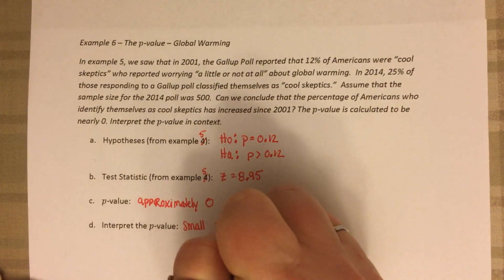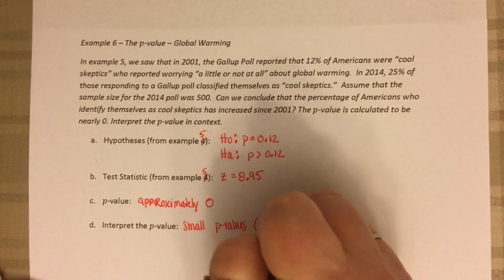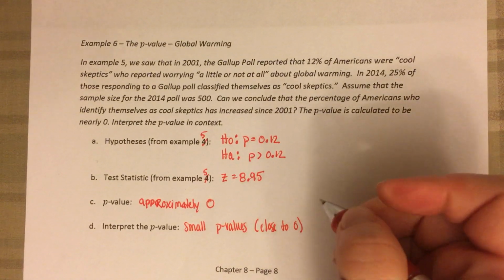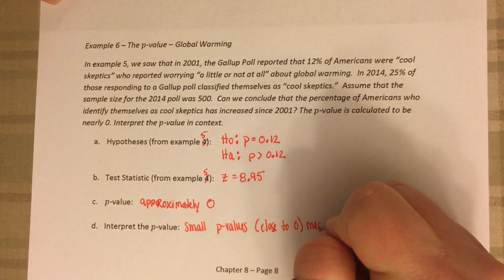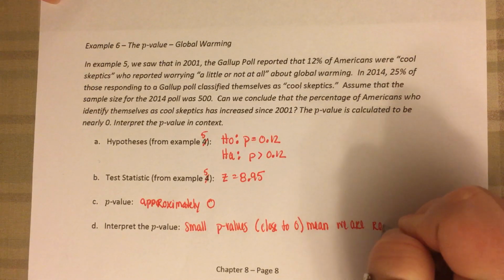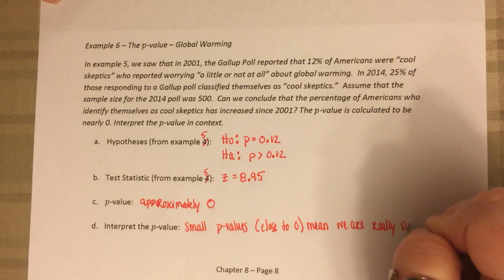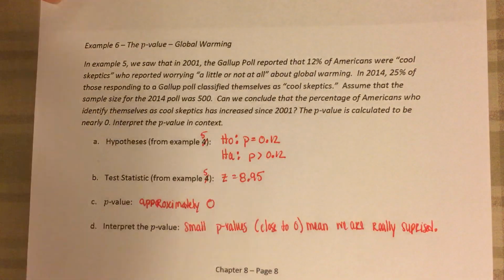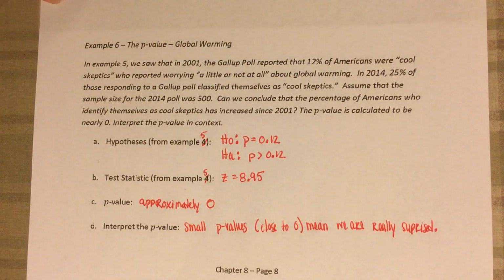Small p-values that are close to 0 mean we are really surprised. And what we're going to end up doing, and we'll see on the next page as well, is comparing our p-value to our level of significance.